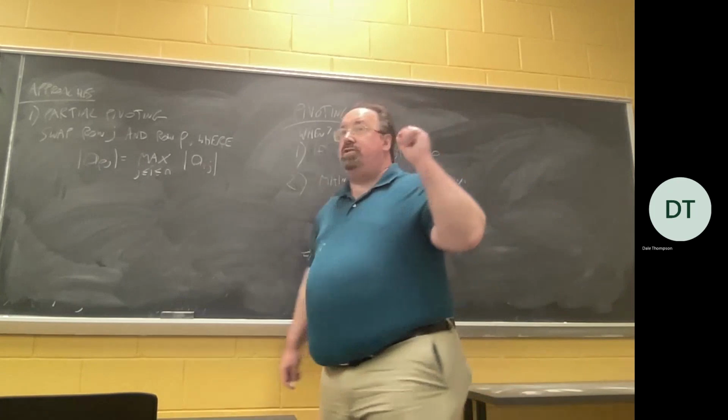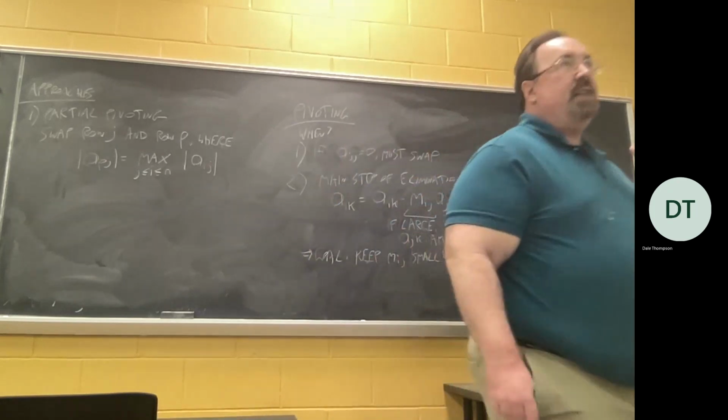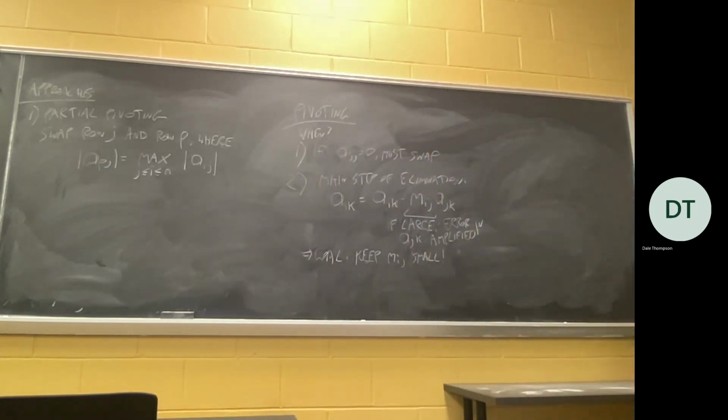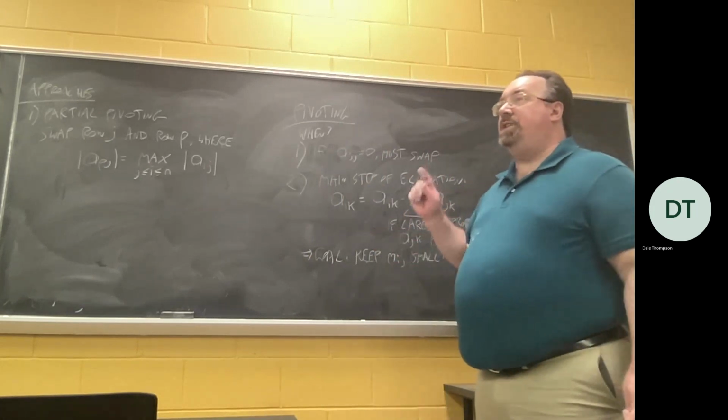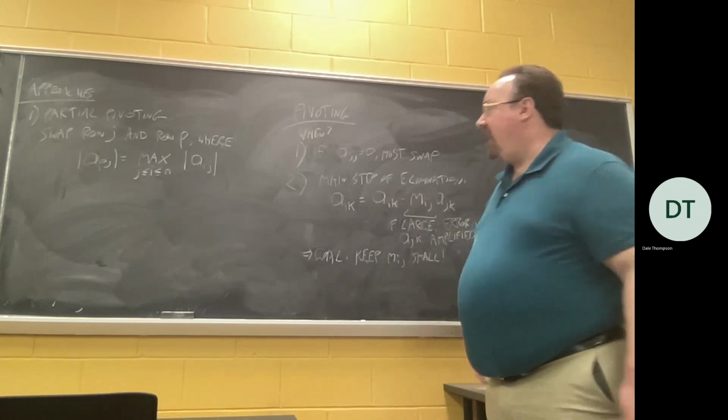So the idea is you start at the diagonal and you take that part of a column from the diagonal to the bottom. You examine all the entries. You take the one that is the largest in absolute value and you place that entry on the diagonal.